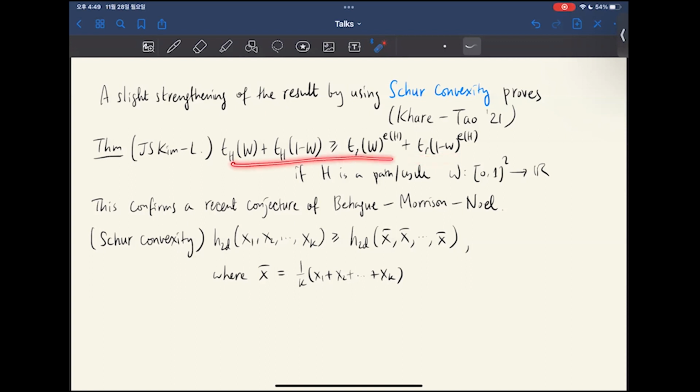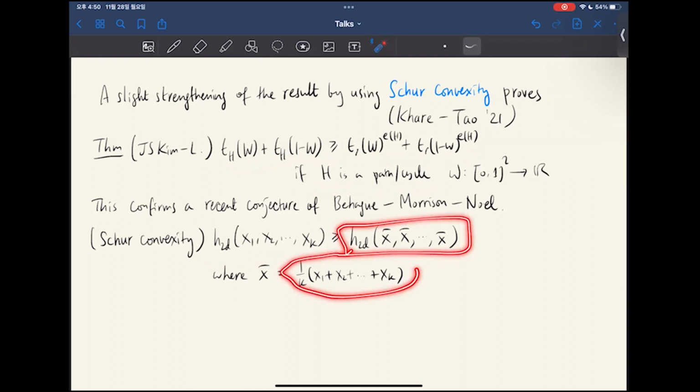And this inequality holds for H being a path or a cycle, and this confirms a recent conjecture of Behague, Morrison, and Noel. And yeah, to just recall, the Schur convexity is like this, and this part over here almost exactly corresponds to the H density bound.